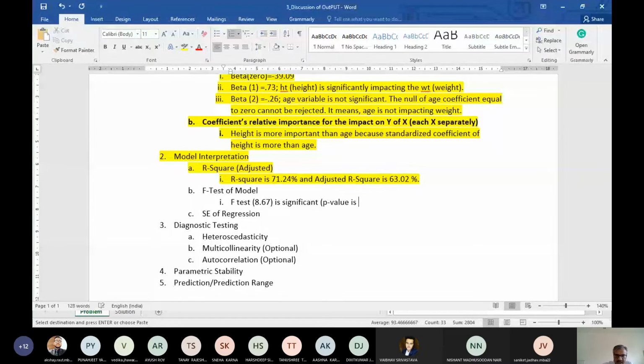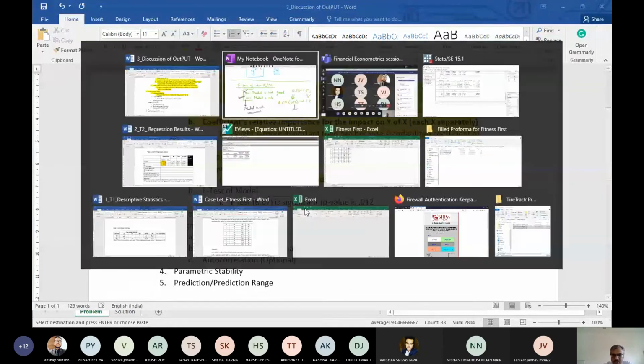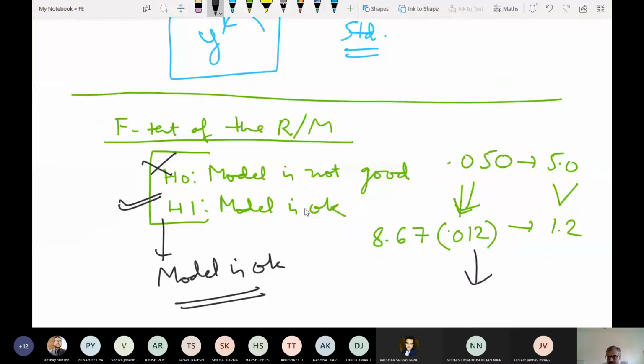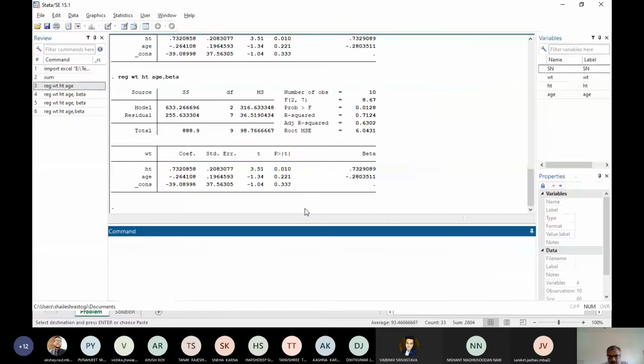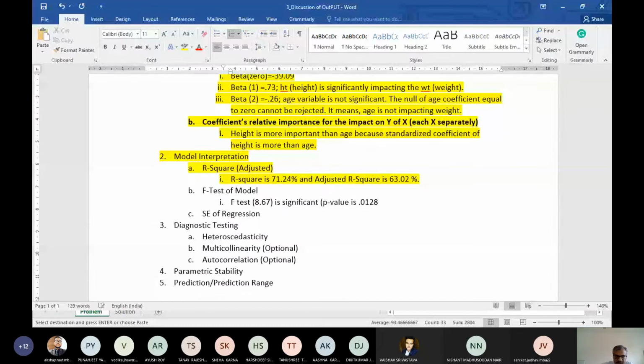The p-value is 0.012, let me get the value, 0.028. F test significant because p-value is less than 5% or less than 0.05.